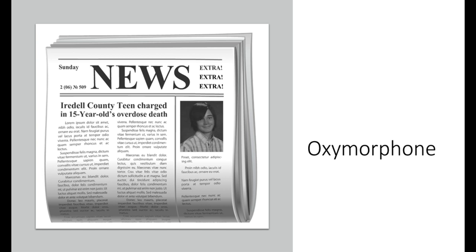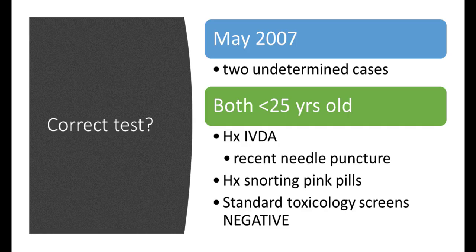So this is a young man that died in North Carolina after taking oxymorphone that he got from a friend. And this drug started showing up in the medical examiner cases in May of 2007. Both of these early cases were young individuals who really had no good reason to be dead and had a history of intravenous drug abuse.